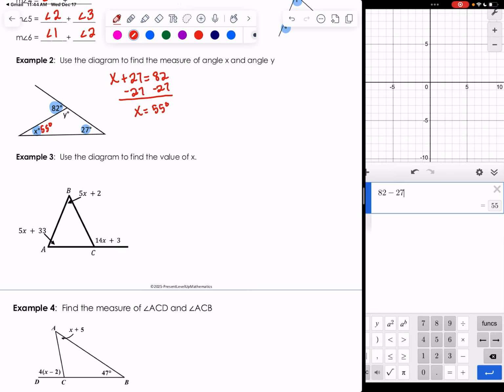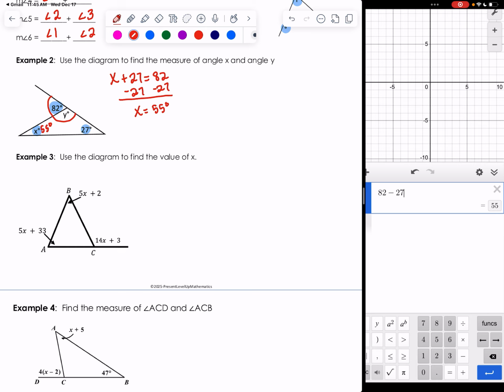Now we only need to get the measure of angle Y. Angle Y is the third angle inside our triangle, and we also know that this angle and this angle are supplementary because they're linear pairs.